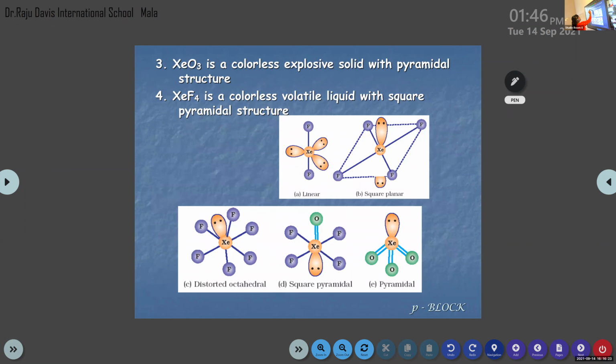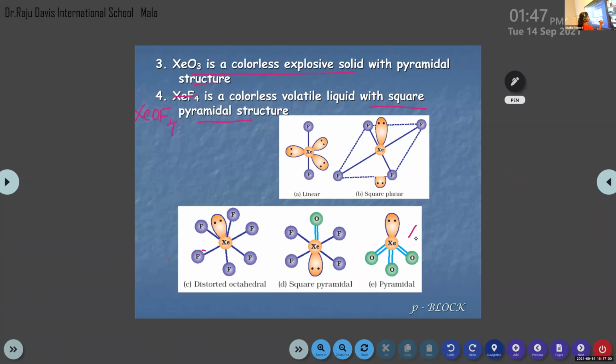This XeO3 is a colorless explosive solid with a pyramidal structure, and here it is XeOF4, that is an oxyfluoride. XeOF4 is a colorless volatile liquid with a square pyramidal structure.